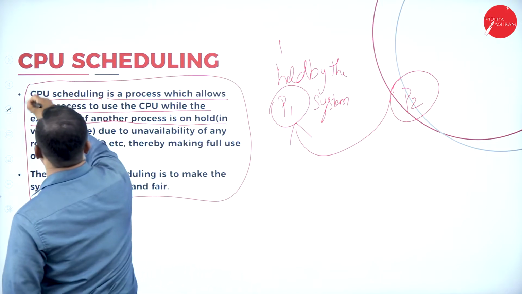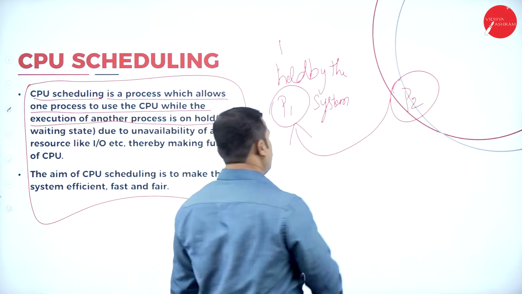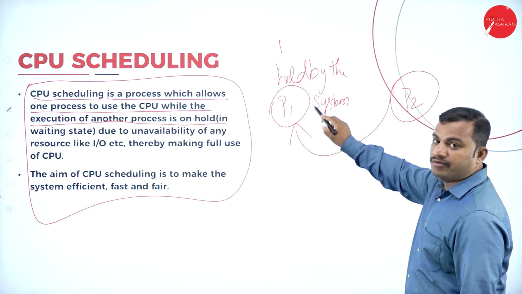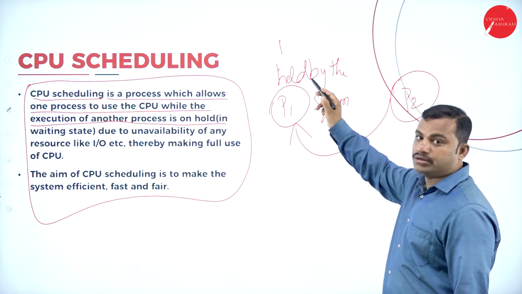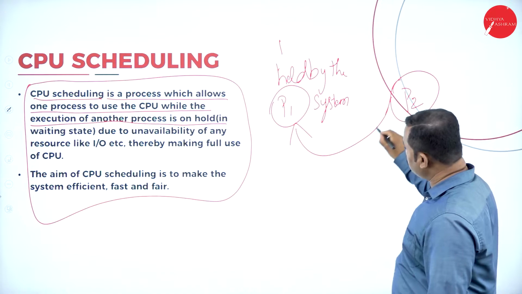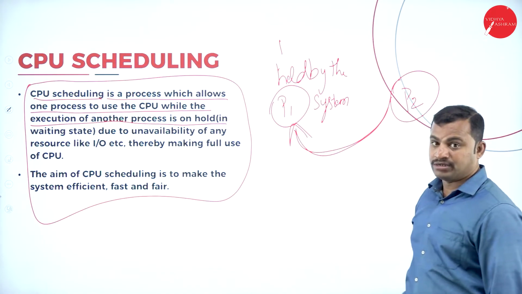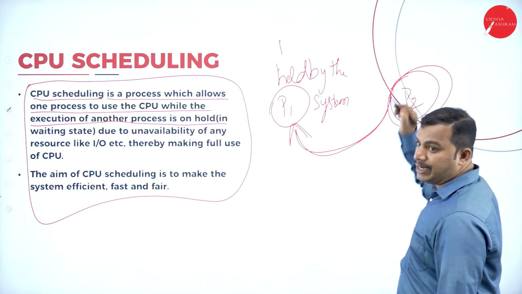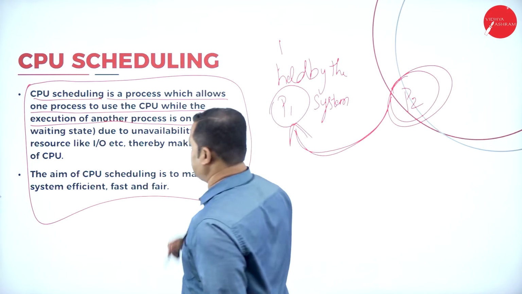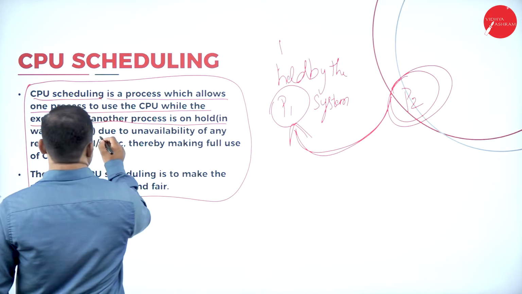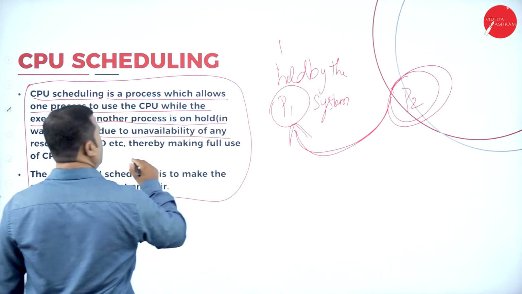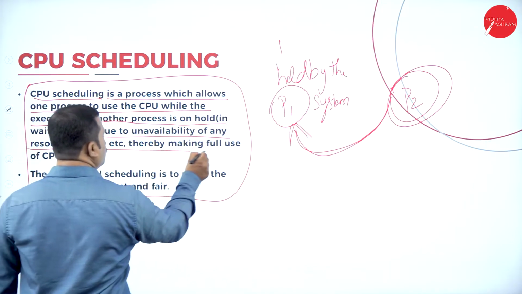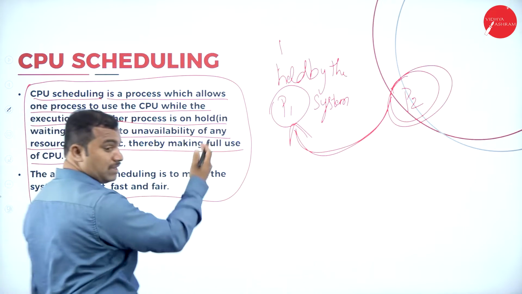That means CPU scheduling comes into the picture when we have process P1 which is on hold and P2 wants to make use of the resources of P1 so that the completion of execution is done with P2. Suppose due to the unavailability of any resource like IO, thereby making full use of the CPU. The same thing.